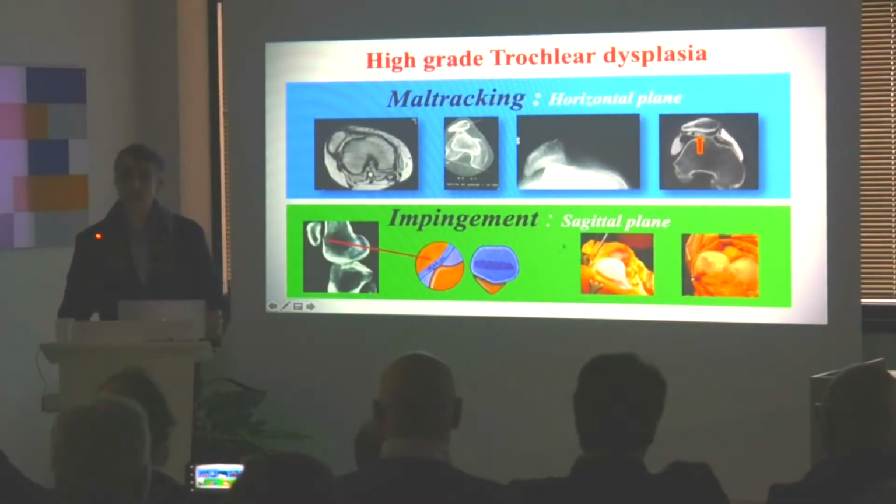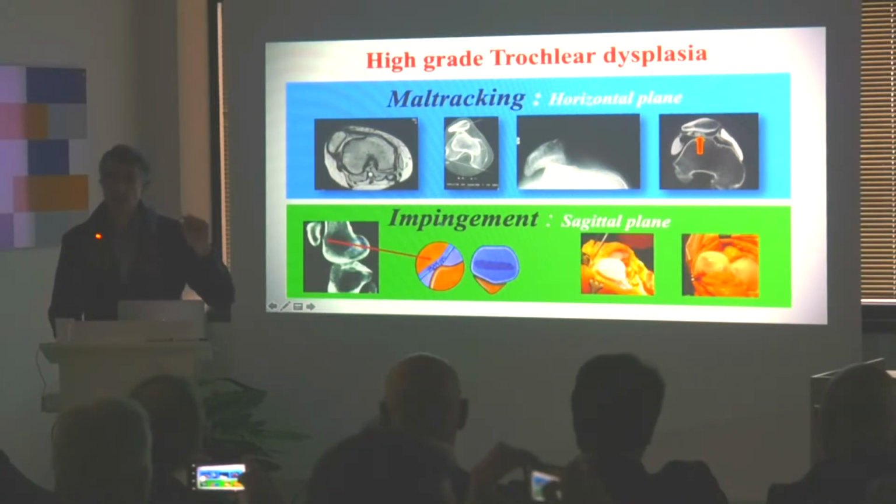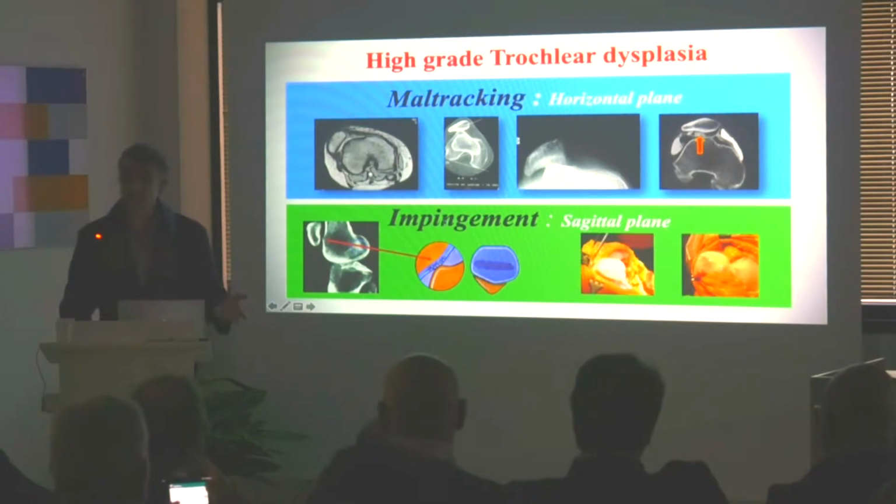So high-grade trochlear dysplasia will create a maltracking on the horizontal plane because you have a permanent subluxation. You increase the stress on the cartilage on the patella side. You increase the impingement when you flex the knee. The patella impinges the supratrochlear spur, so you have some cartilage damage, mostly on the patella side.